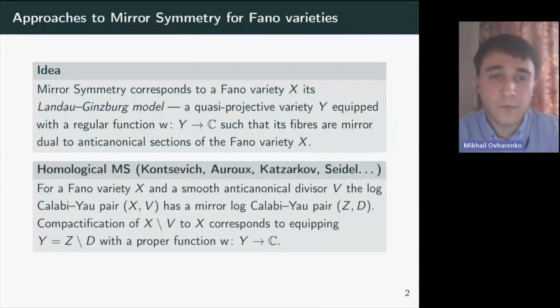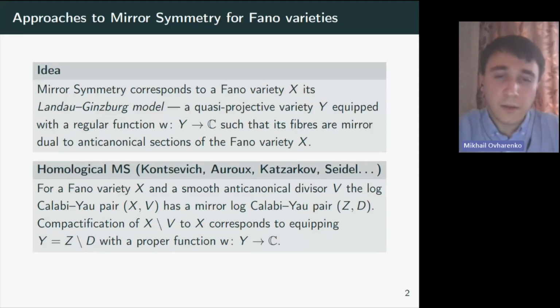For example, from the point of view of homological mirror symmetry, a Fano variety should be considered as a local Calabi-Yau pair: X and an anticanonical divisor on X, say V, which we will assume to be smooth.